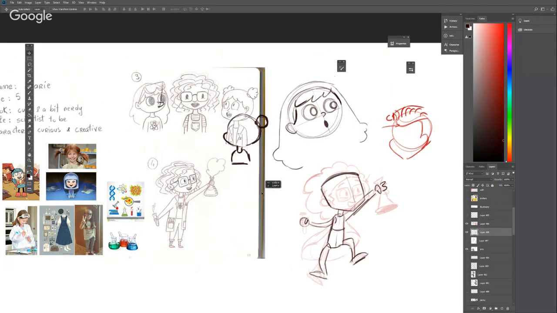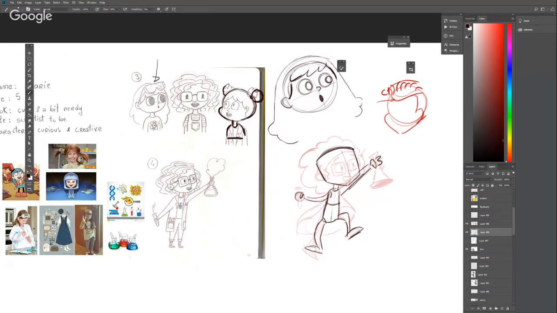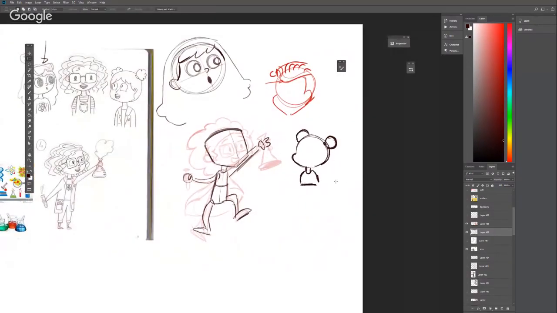Is that a bit clear, Anna? Does that help a bit? So draw those shapes first, and then draw on top of it.